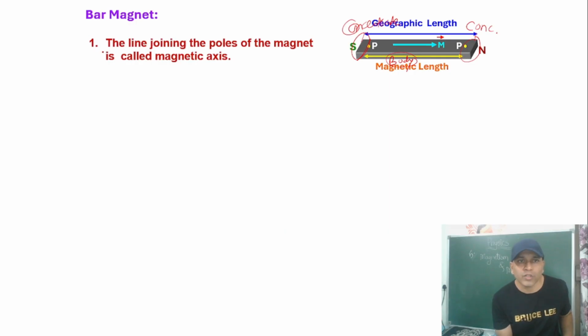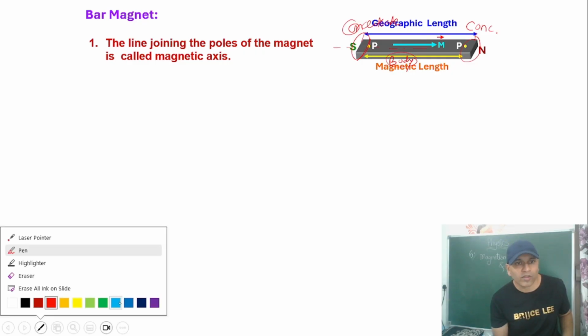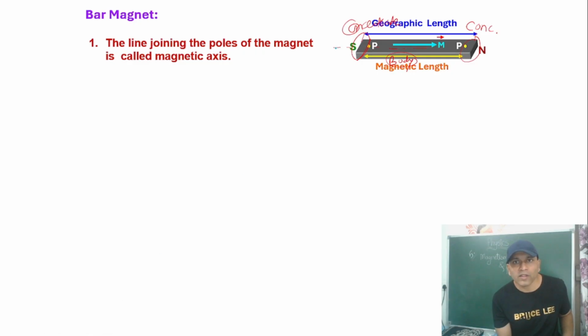The first point: the line joining the poles of the magnet is called the magnetic axis. The line joining this P to P point, the poles of the magnet, south and north, is called the magnetic axis.